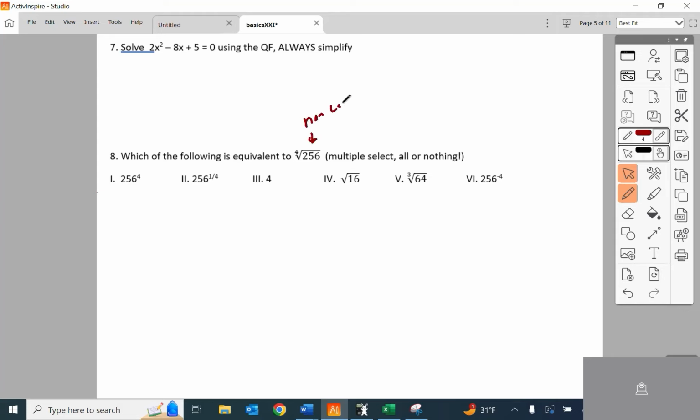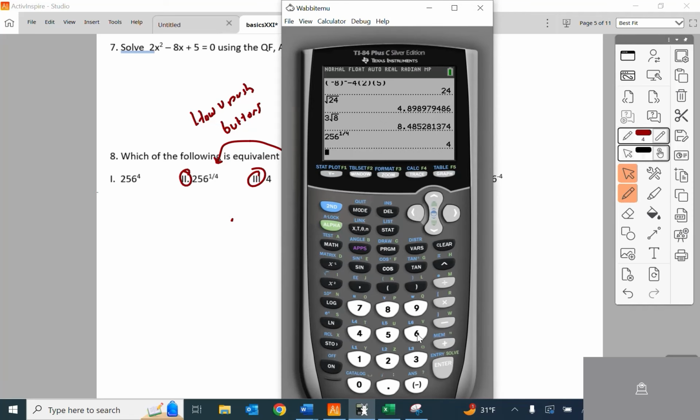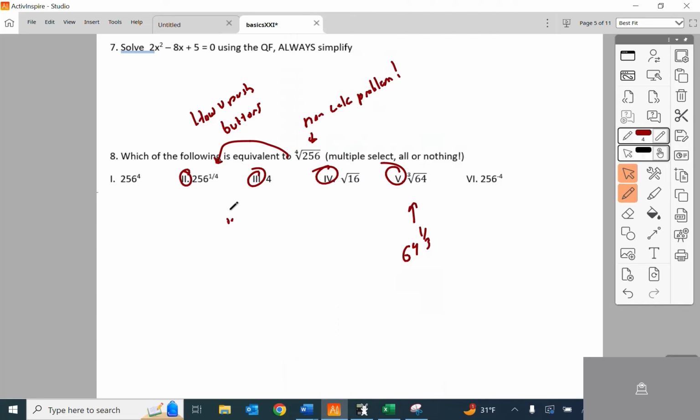So there's those two. Everybody should know what the square root of 16 is. And if I look at this one, 64 to the 1/3, I don't know how many times I've done it with y'all in class, but the cube root of 64 has always been 4. They're all 4, so there you go.